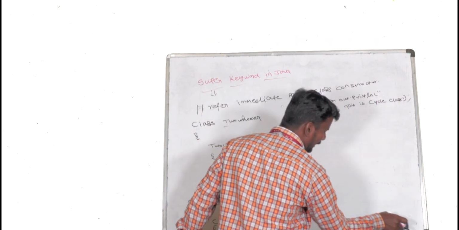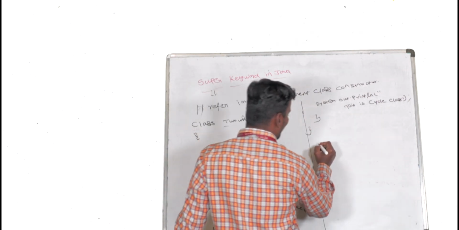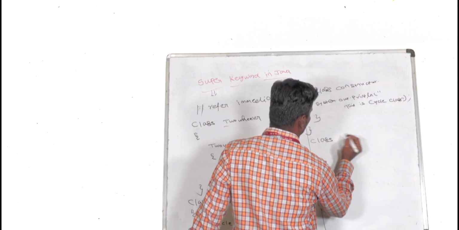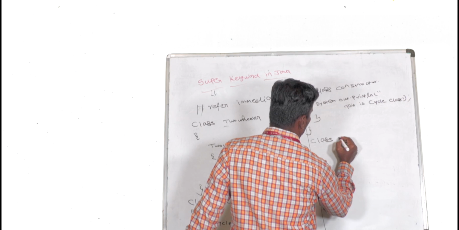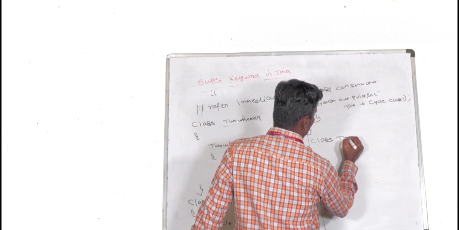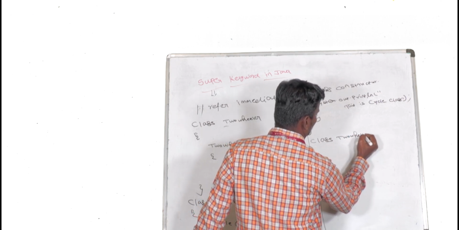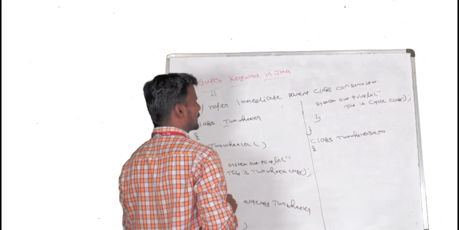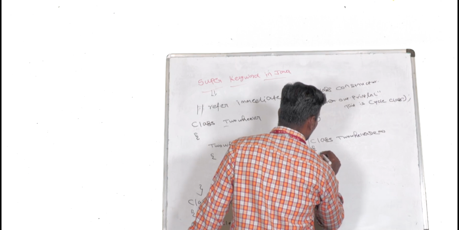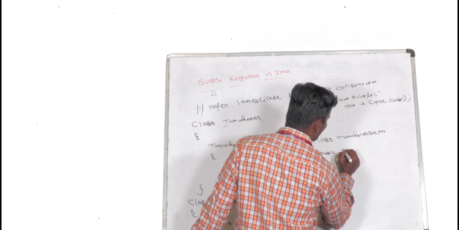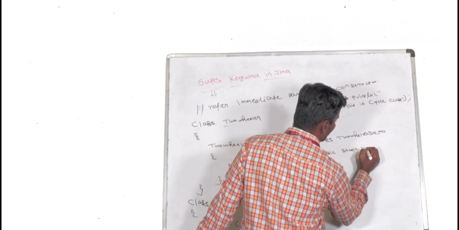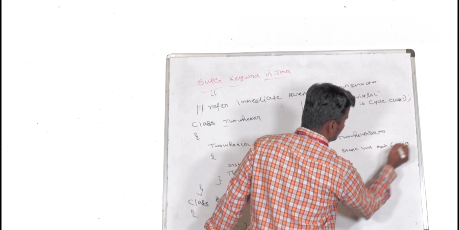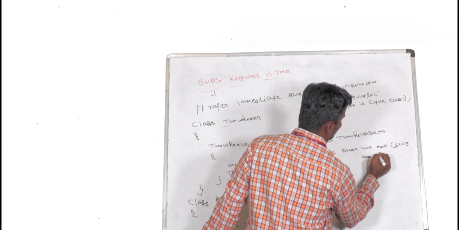So now we have to create one main class. We have to define the main class: class TwoWheelerDemo, and next we have to specify the main method: public static void main, String arguments.